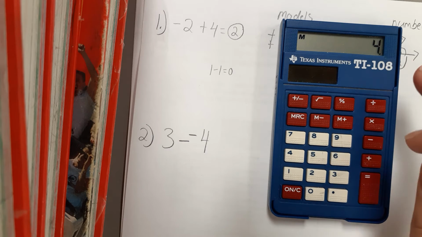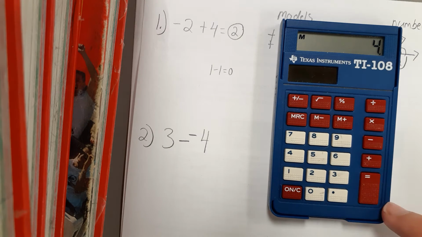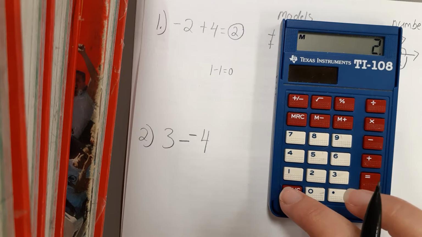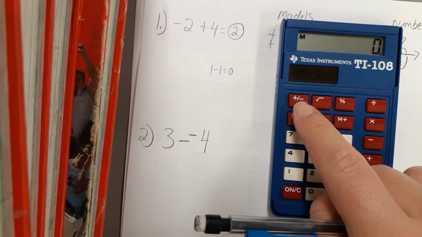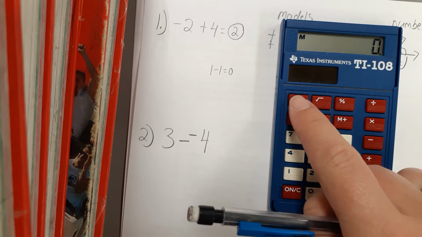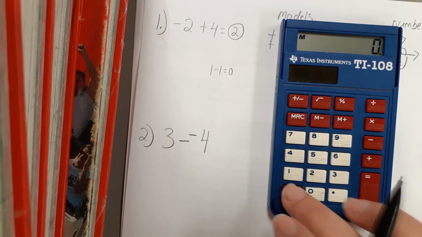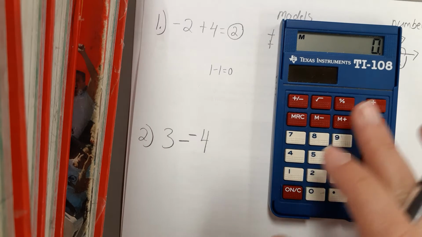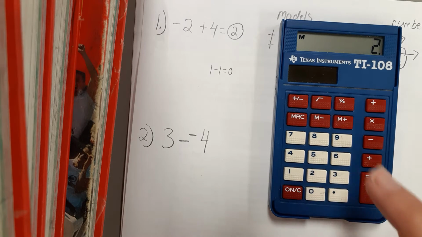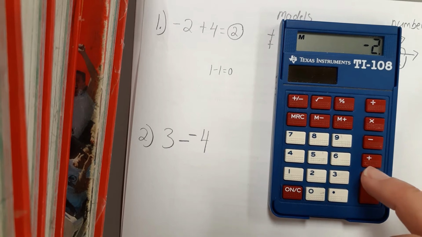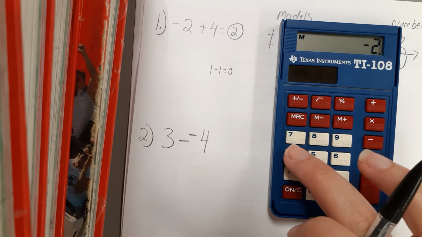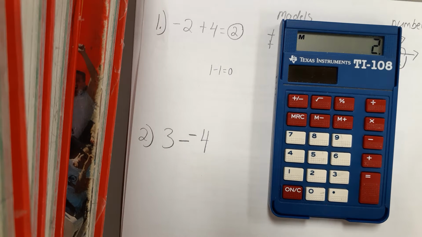If you notice, the -2 came up when I pressed plus, and your answer is +2. You could also, let's clear this out, use the plus/minus, positive/negative button right here. If you do it this way, you press the number, then the sign, then plus, then 4, and you'll still get 2.